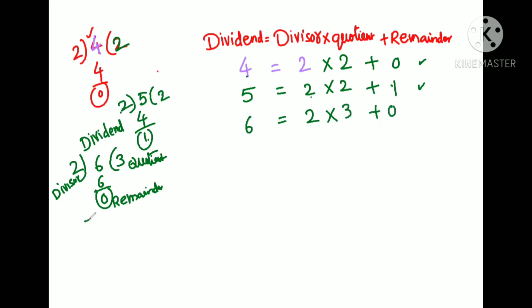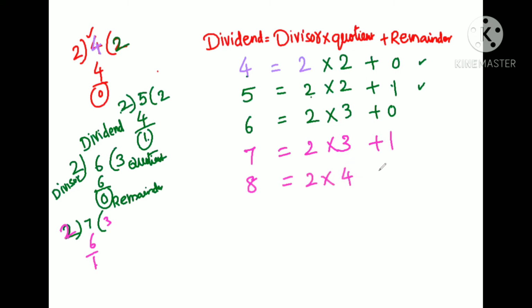The same way 7: 2 threes are 6, remainder 1, so 7 can be written as 2 into 3 plus 1. Similarly 8 can be written as 2 into 4 plus 0. 9 can be written as 2 into 4 plus 1. 10 can be written as 2 into 5 plus 0.